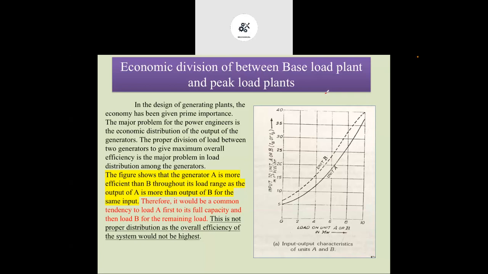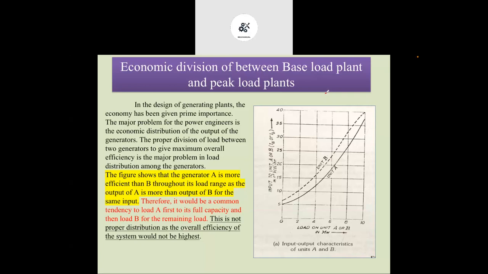The variation of efficiency is different. Similarly, the other generator which is in the peak load has a different variation of efficiency. So whenever we divide the load between these two power plants, it is very difficult to achieve that distribution. So for that, economic division is very important.